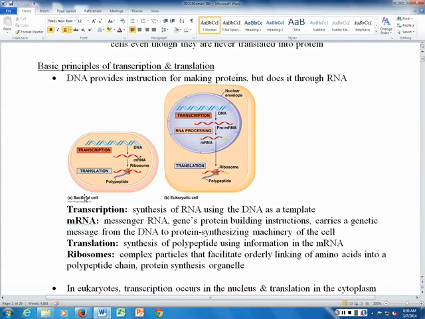It's going to carry the genetic message from the DNA to the synthesizing machinery in the cell. The ribosomes are the organelles that actually facilitate putting together your amino acids into a polypeptide.